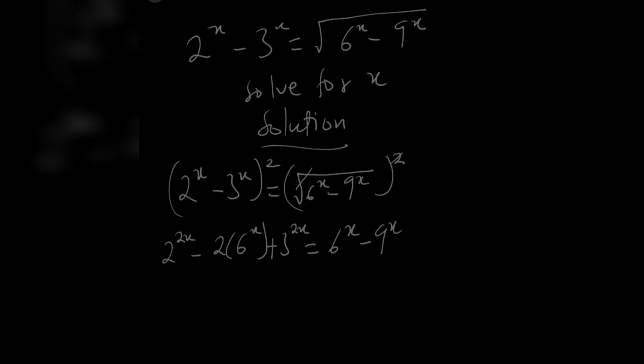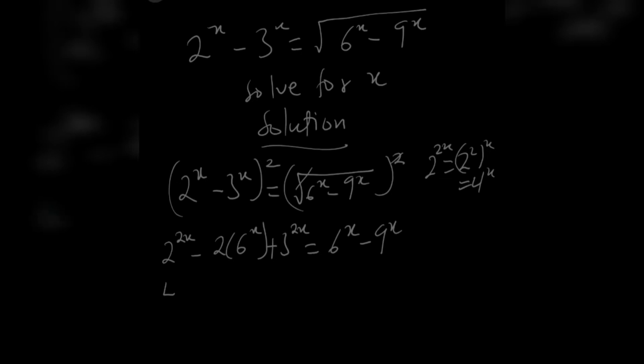2 power 2x is the same thing as 2 squared all raised to the power x, so this can be written as 4 power x. 3 power 2x can also be written as 9 raised to the power x.